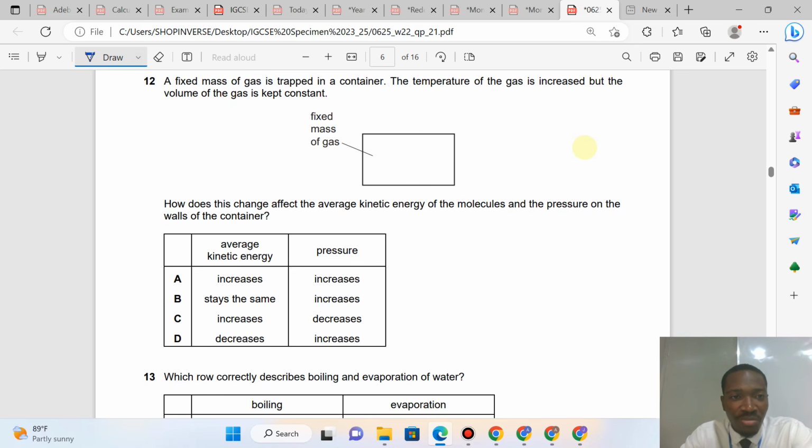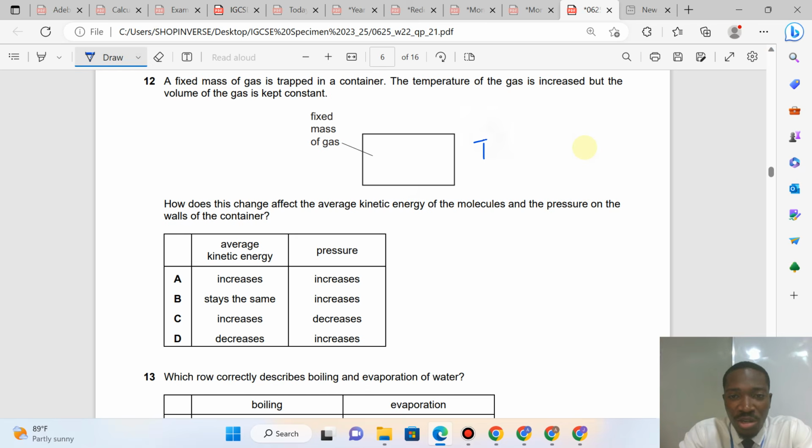Question 12. A fixed mass of gas is trapped in a container. The temperature of the gas is increased, but the volume of the gas is kept constant. How does this change affect the average kinetic energy of the molecules and the pressure on the walls of the container?